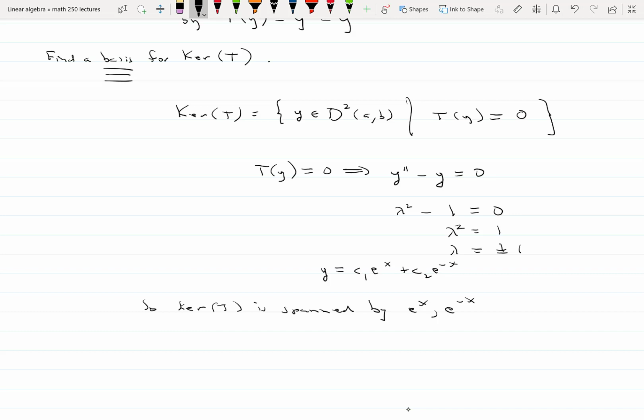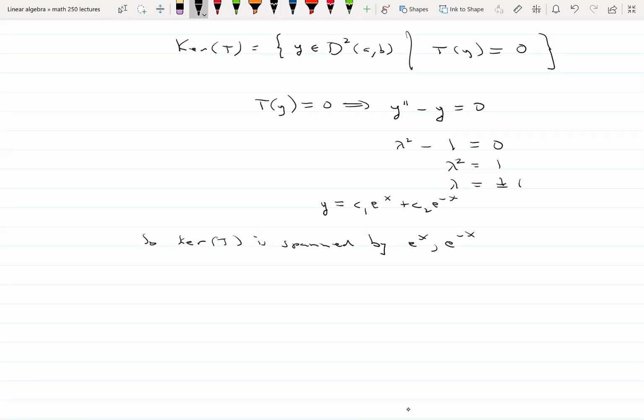So we could use the fact that since the dimension is 2, any spanning set is also linearly independent. But we don't even have to do that. The kernel of T is spanned by these two vectors. Are they linearly independent? e to the x and e to the minus x are linearly independent.